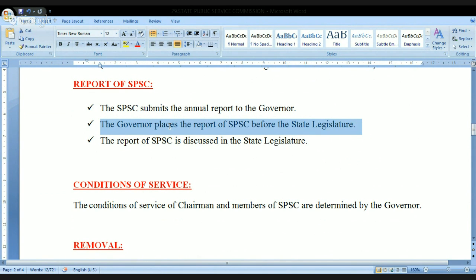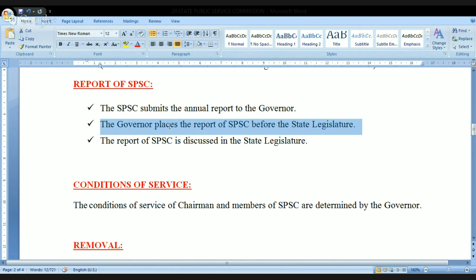UPSC will submit it to the president. The president will place it before the Parliament. Here, the State Public Service Commission submits a report to the governor, and the governor places the report before the state legislature, and the report of the State Public Service Commission is discussed in the state legislature.